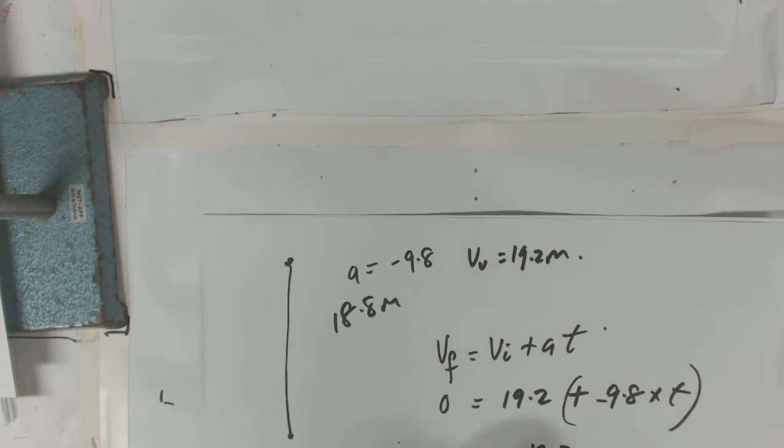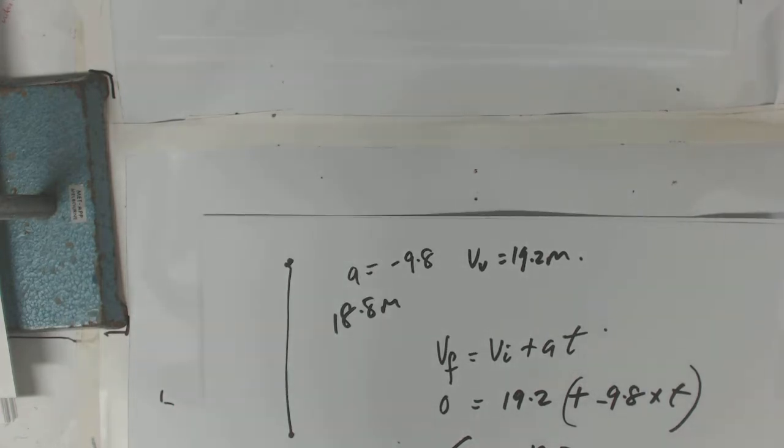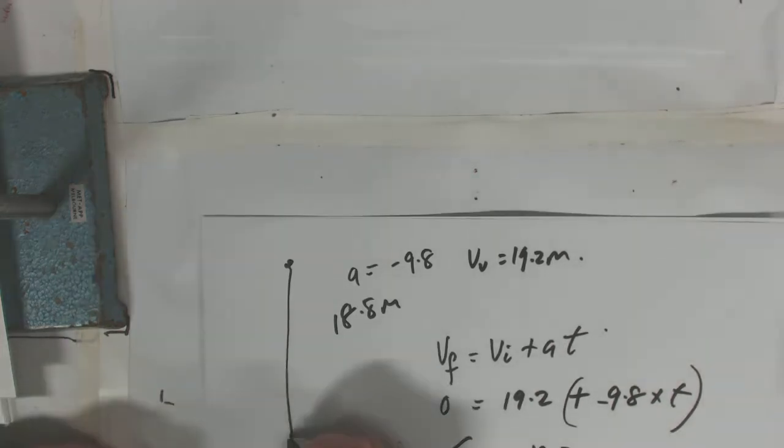So now we've got a t that is equal to 19.2 divided by 9.8. Got a t of 1.96 seconds. That was to go up.